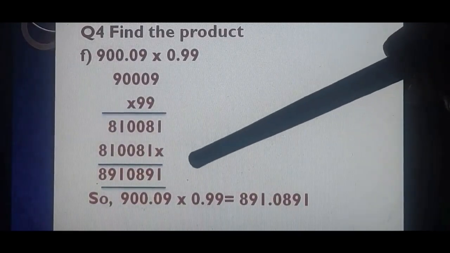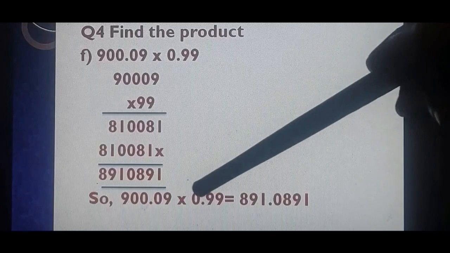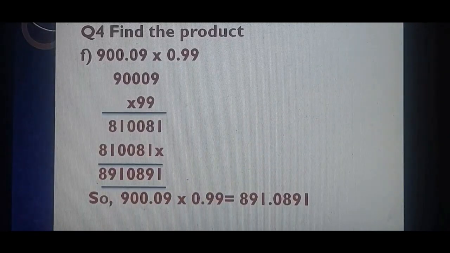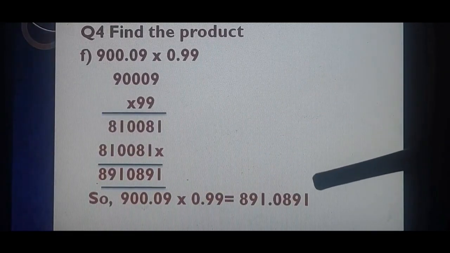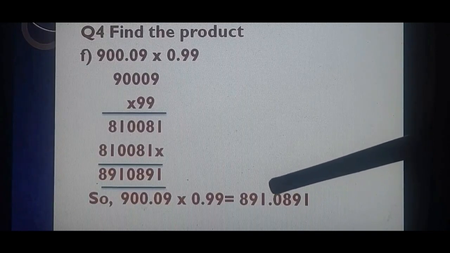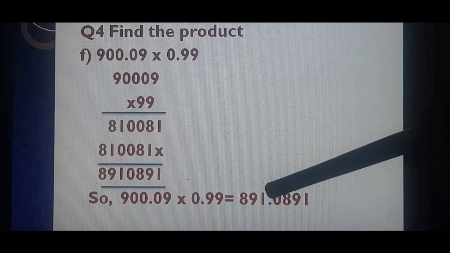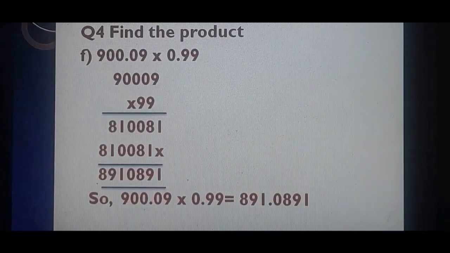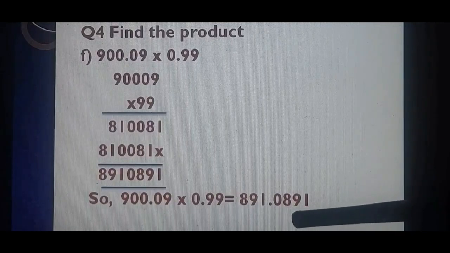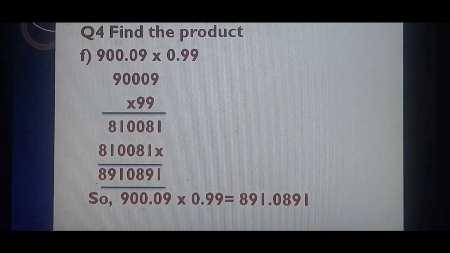Now count the number of digits after decimal. 1, 2, 3, 4. Right. Now start counting from ones place. Ones, tens, hundreds, thousands. 4 digits. 1, 2, 3, 4. Right. Now put decimal here. So our answer has become 891.0891. Have you got the correct answers?